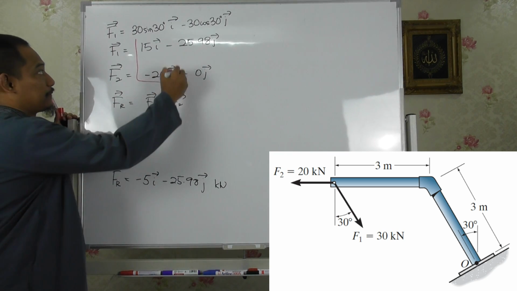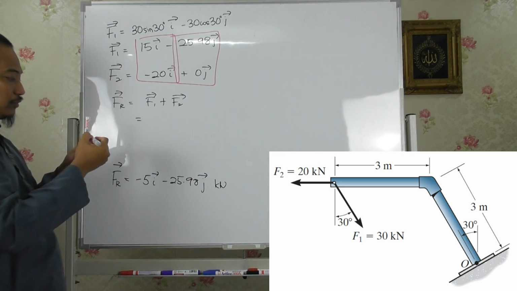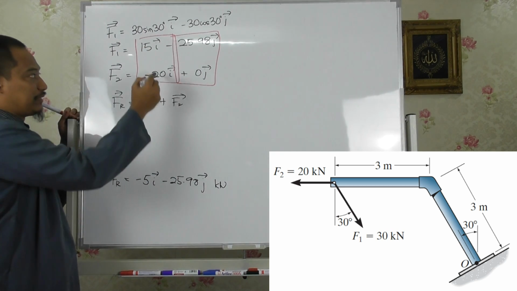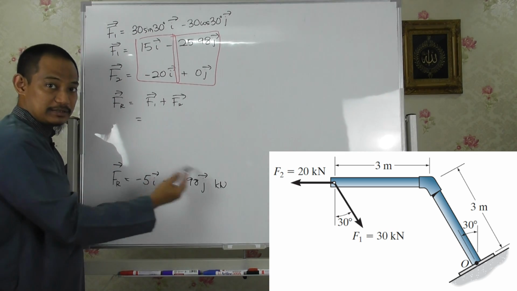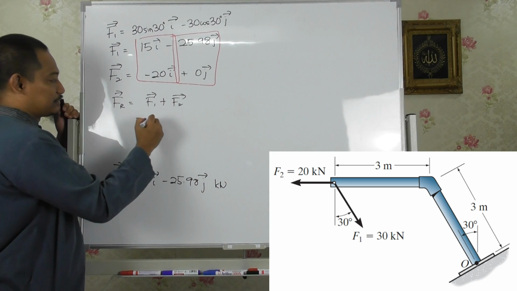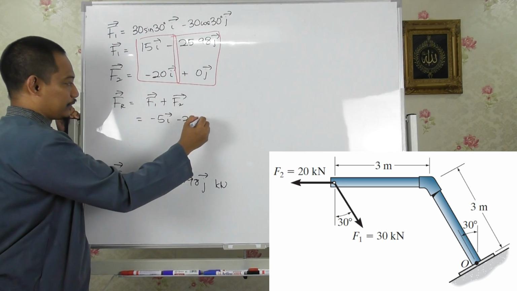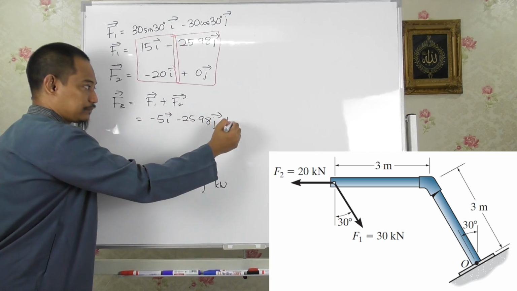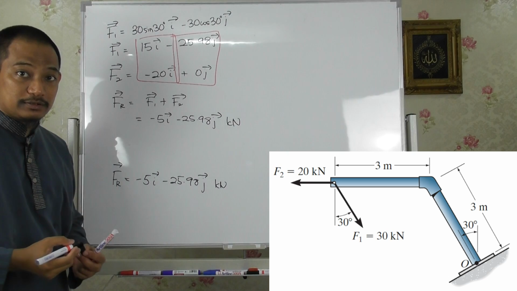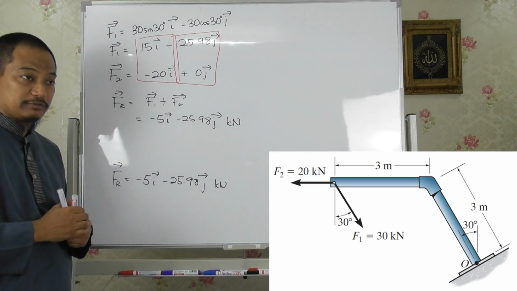So 15 minus 20, you get minus 5. So it's going to be this answer back again, right? So minus 5i minus 25.98 J kilonewton. So that will be your answer of the Cartesian vector form of the resultant force if you use vector analysis.